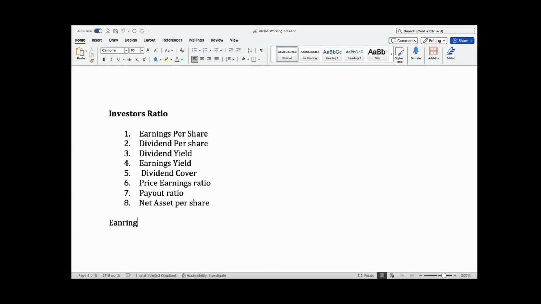So from the name, earnings per share: how much is attributable to each ordinary shareholder? So this is computed as below.